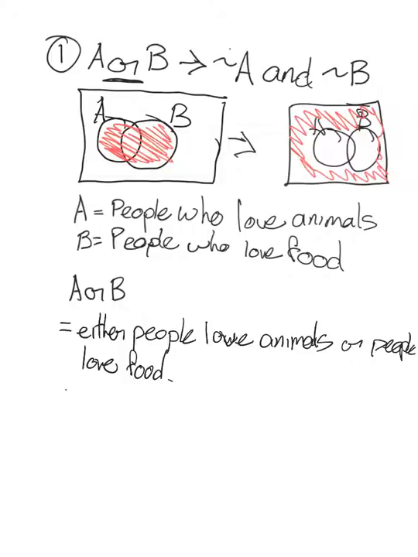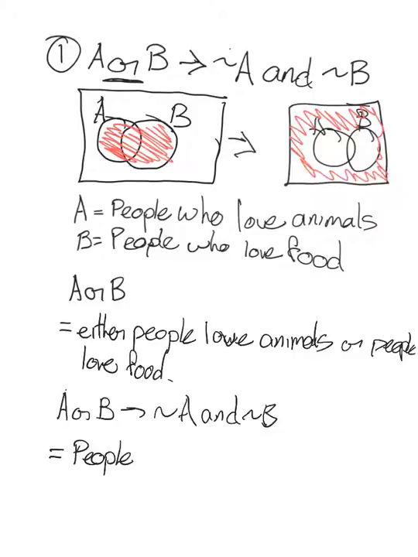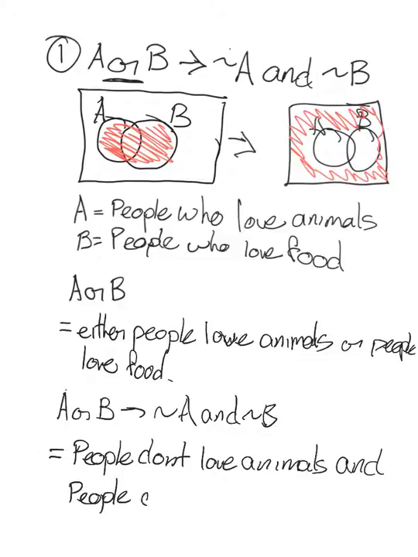Then the negation of A or B goes to not A and not B. Therefore, which equals people don't love animals and people don't love food.